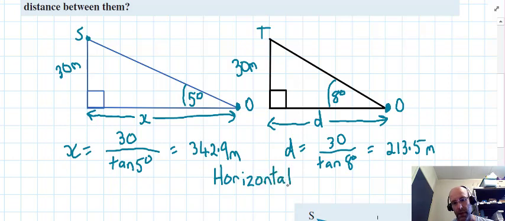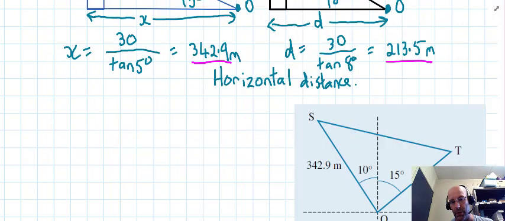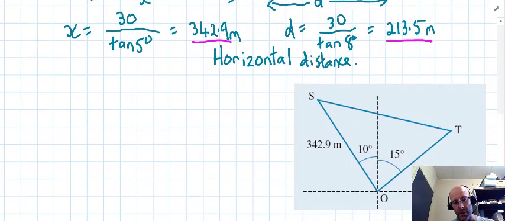They're not taking into account height. These are horizontal distances. It's the range in a sense. Now those two distances are going to be used when we're looking at the final part where we've got to take into account the direction, the bearing.